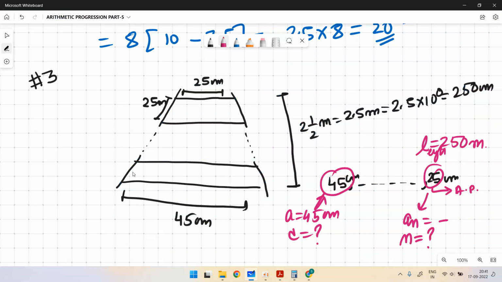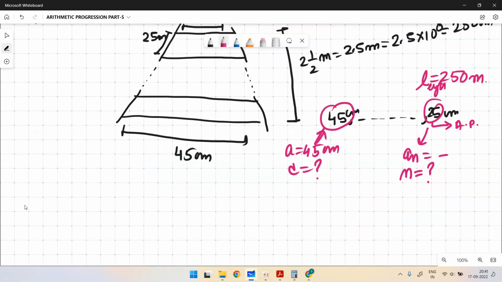So two rungs are there in 25 centimeters. How many rungs will be there? The number of rungs n will be equal to the length, 250 centimeters, by 25, plus 1.